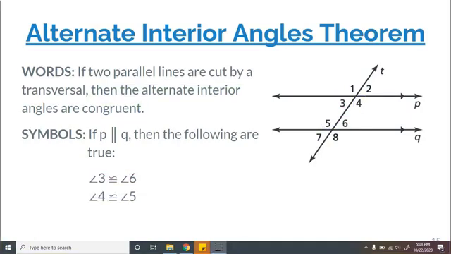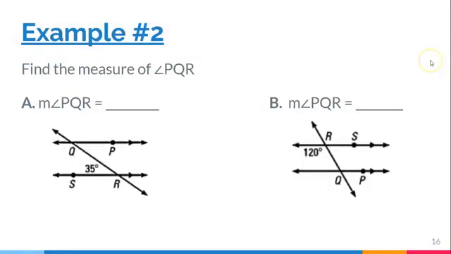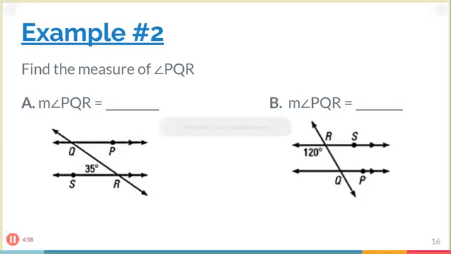So in example 2A, we're trying to find the measure of PQR. Remember when we name angles, we start at P, we go to Q, which is our vertex, and then we go to R. So we're finding the measure of this angle right here.